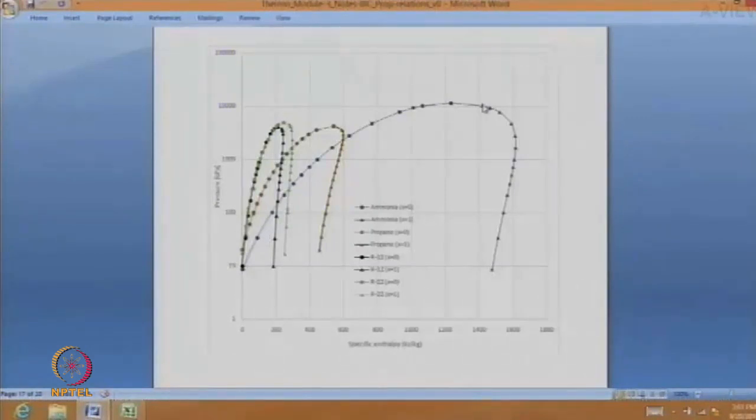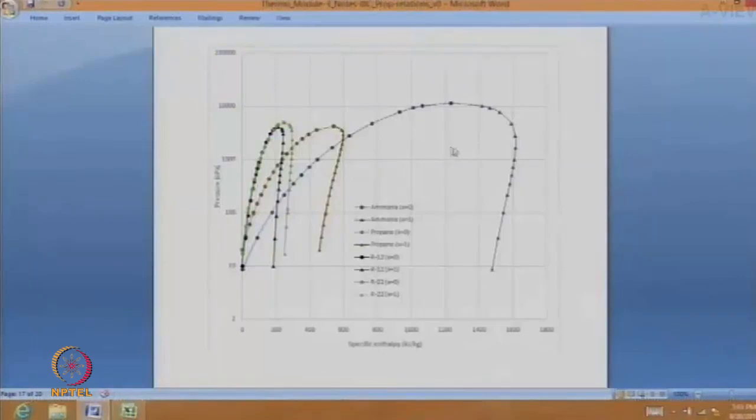On the right side, sorry, this is not water, this is ammonia. This is for ammonia, and on the right side is the dry saturated vapor state of ammonia. And then we have put other things here. So this side, you have propane, and then we have R12 and R22 over there.